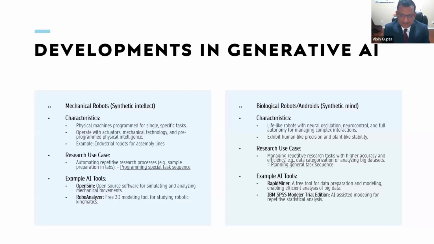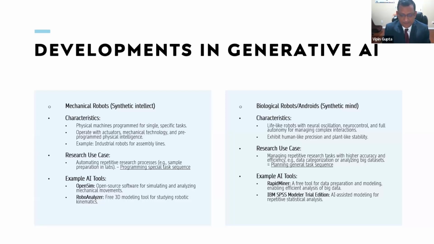We have created lifelike robots with neural oscillation, with neurocontrol, full autonomy. So when you do input-output, there is no autonomy to the artificial intelligence engine. You're giving a command and output is coming. In biological robots, you don't need to give the command. All you need to give is a prompt.